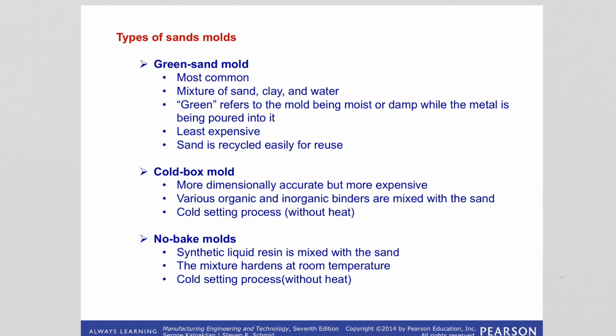But because we are using binders, this is more expensive compared to green sand mold. And this is a cold setting process, that means the sand is set without any heat.